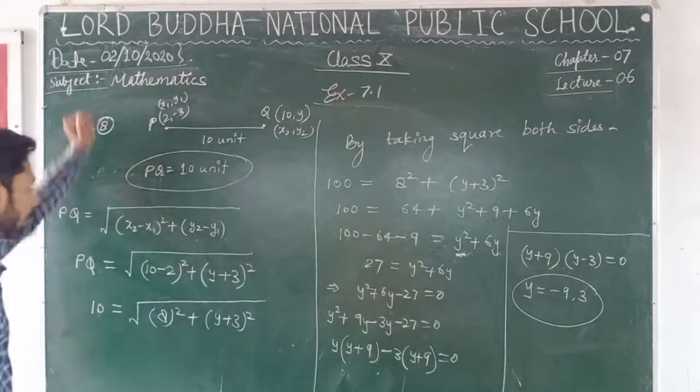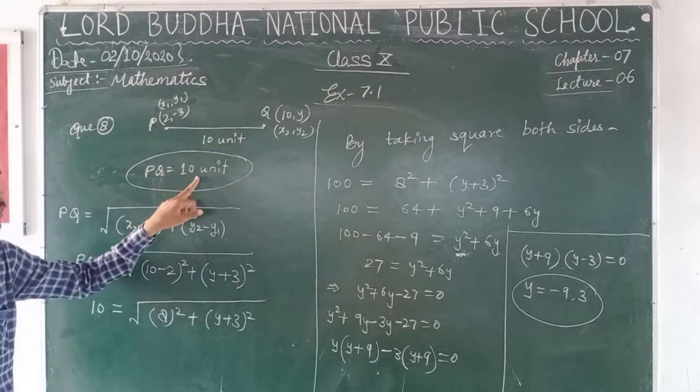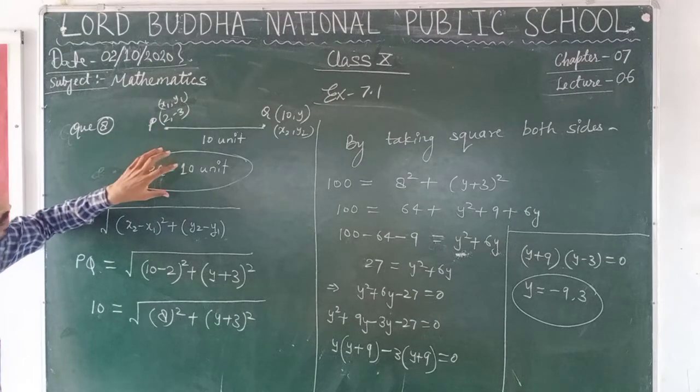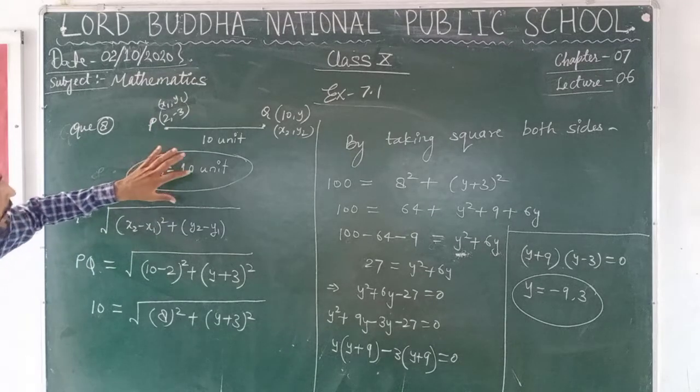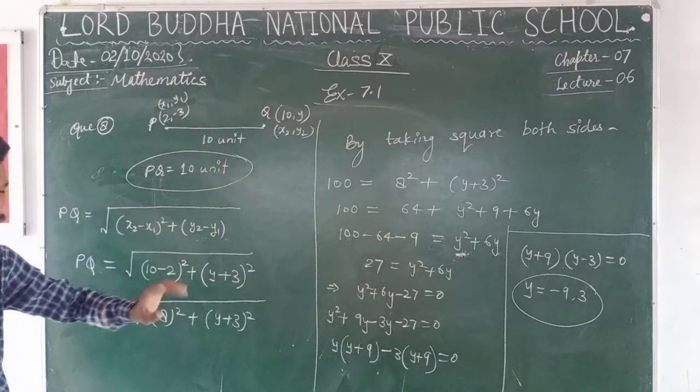Check again. In this question, the distance PQ is given, that is 10 units, and all the points are given for P and Q. Clear?